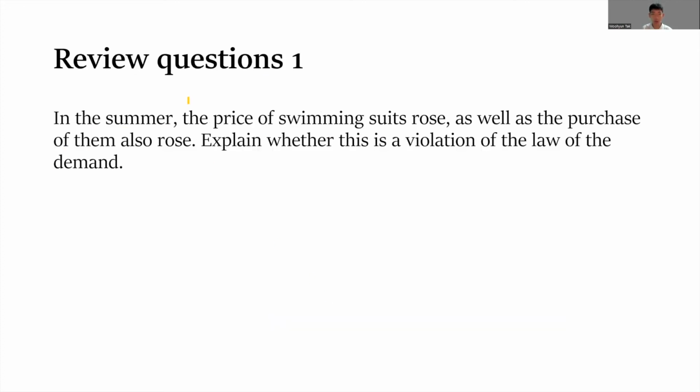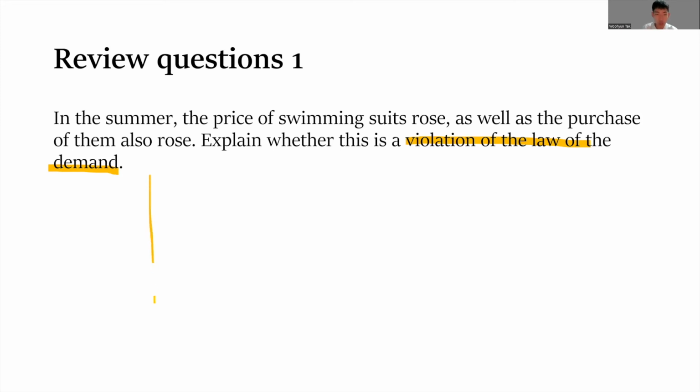So let's go over the review questions. Due to time limits, I will go directly to the answers. So this is not a violation of the law of demand. It seems like it because price and demand both increased, so we might simply think it is a violation of the law of demand.